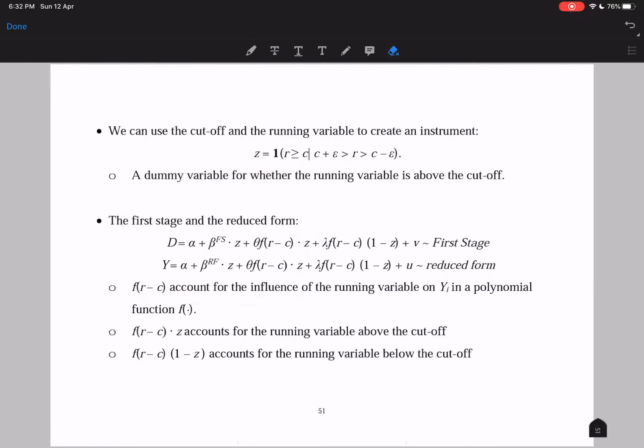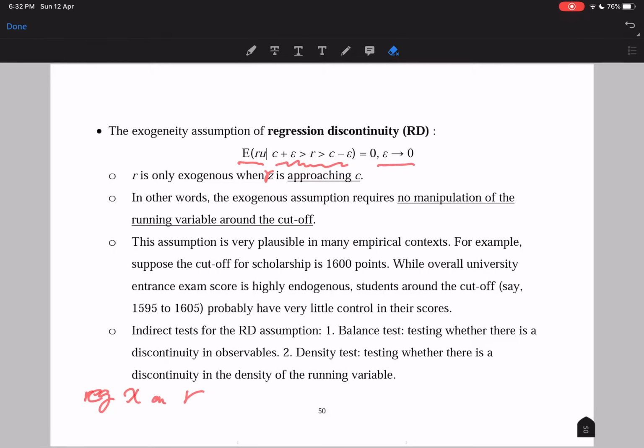Another test, with similar logic, is called the density test. We want to test whether there's a discontinuity in the density of the running variable. For example, we have scores of 1595, 1600, 1605.